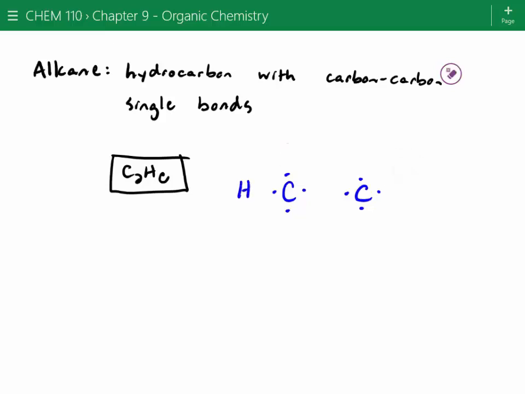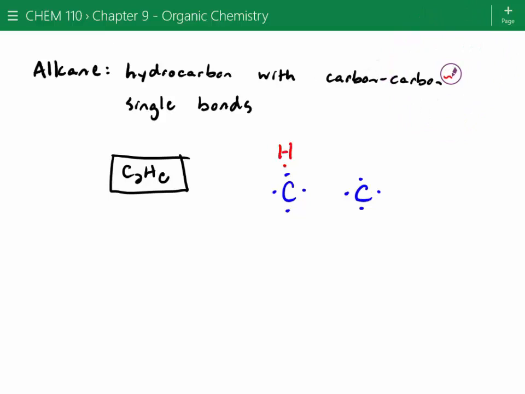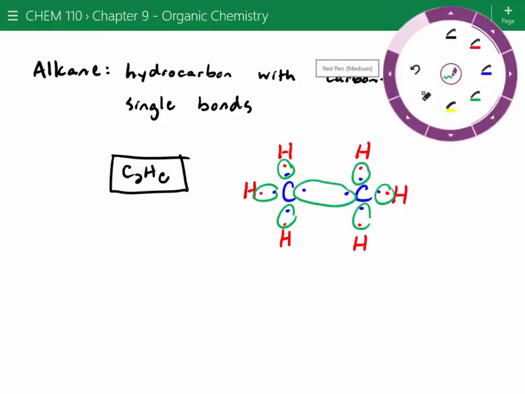Let me actually do hydrogen in a different color. And so we can start bonding these electron pairs together and say, all right, these are bonds, these are bonds, these are bonds, these are bonds, these are bonds, and these are bonds.